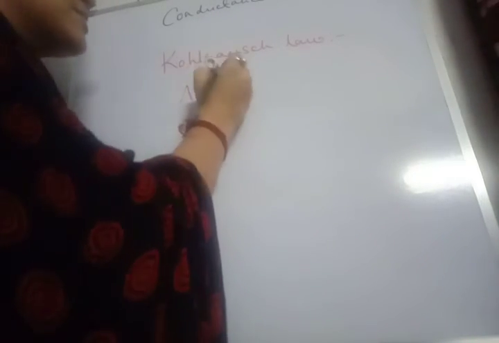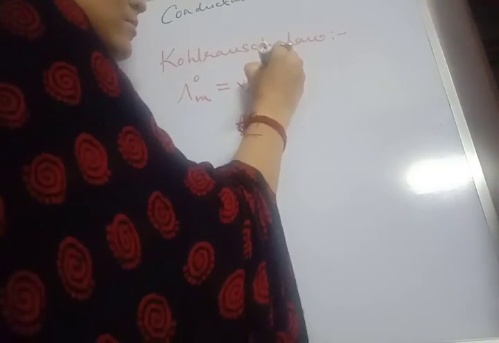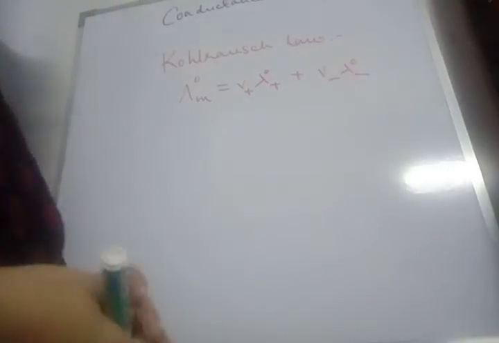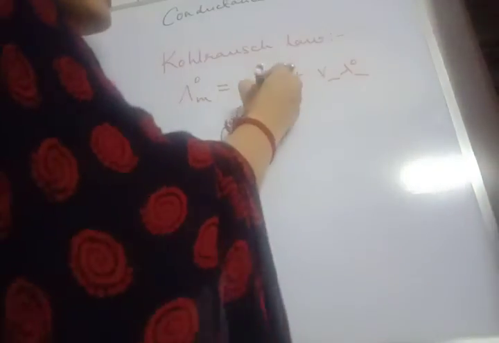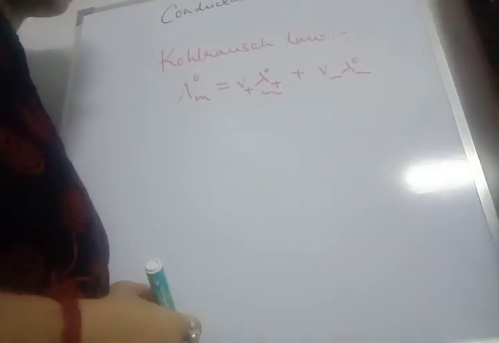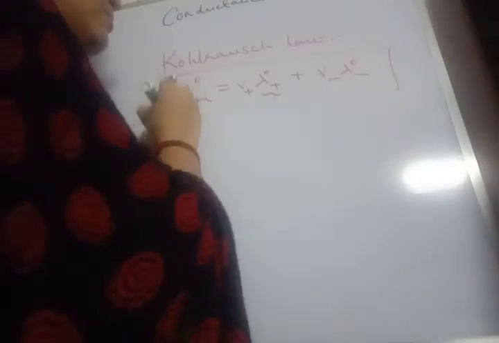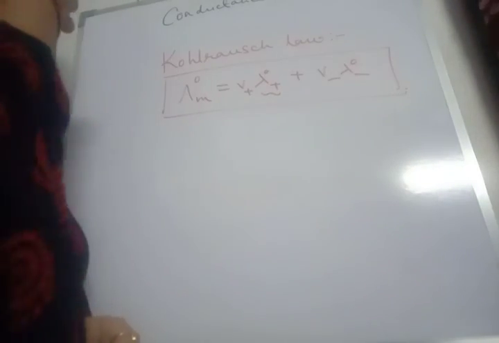And so, at that point, the molar conductivity is represented as this, where v positive and v negative are the number of cations and anions produced, and lambda positive and lambda negative represent the ionic conductance of cations and anions respectively. So at that point, molar conductance is equal to the sum of the ionic conductances, right? So this is your Kohlrausch law.